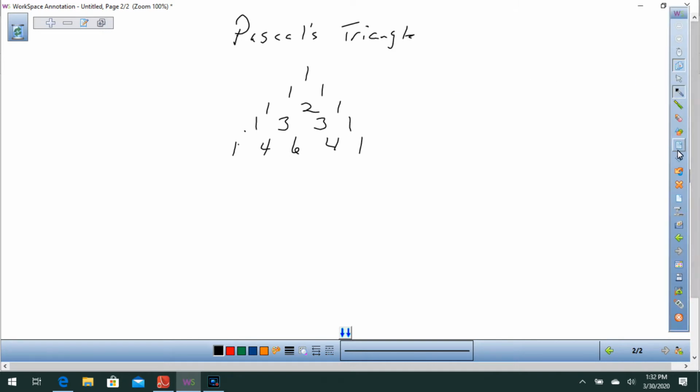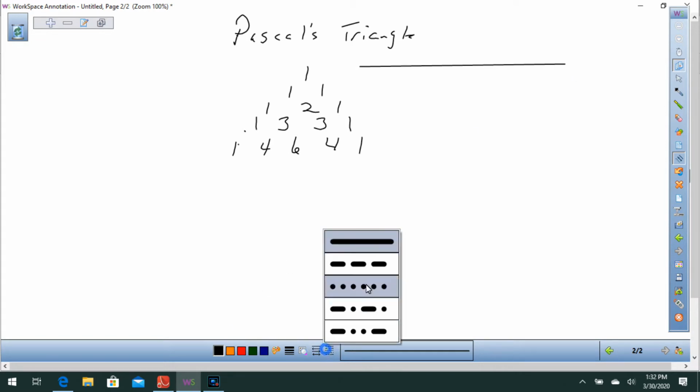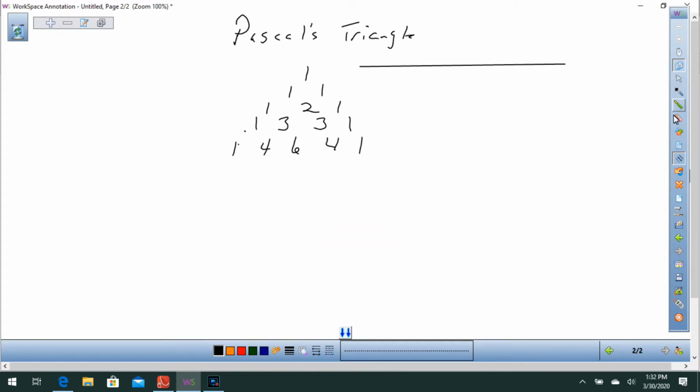This first row here, let me draw this out like this. Maybe we ought to put some dotted lines on it. This is called row 0.